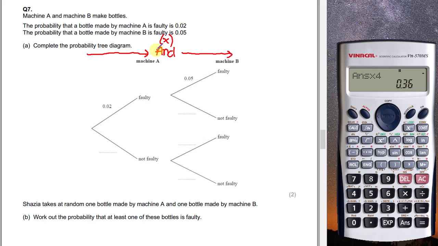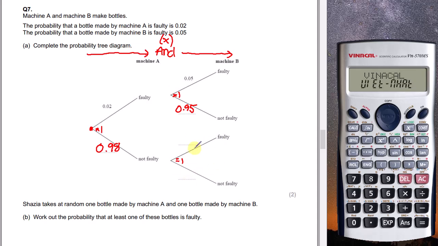So complete the probability tree diagram. Everything at a point must equal 1. So 0.02 means this one must be 0.98. Fine. This one we've been given, so the probability for this to be equal to 1 is 0.95. Now this bit must equal 1 as well. What's the probability of machine B being faulty?